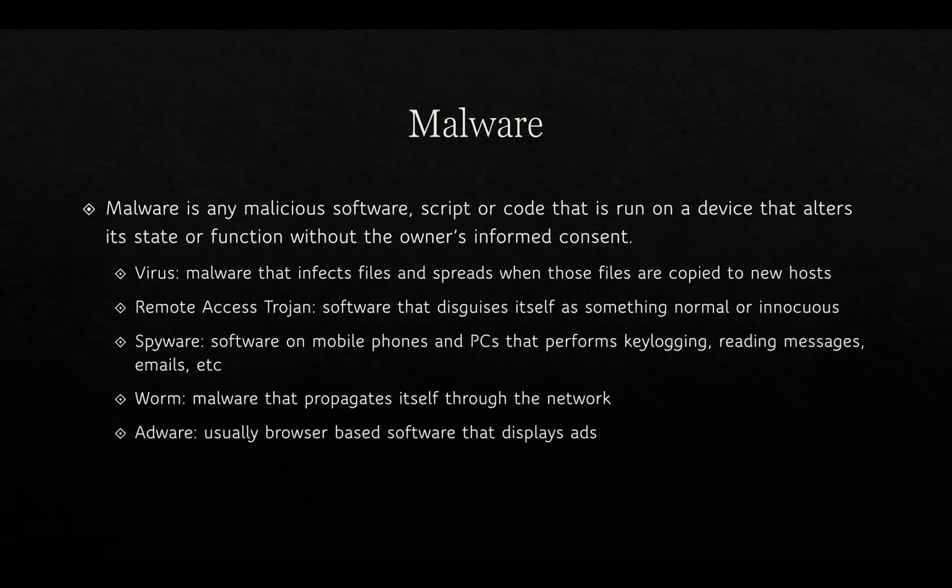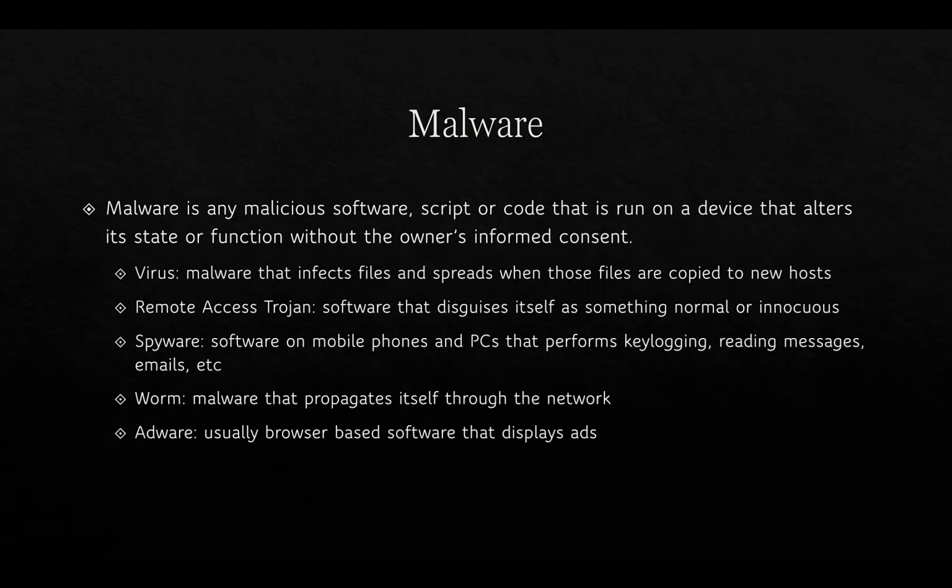Spyware is software on mobile phones and PCs that performs keylogging, reading messages, emails, etc. Keylogging is where all of the times that you type into a phone or a PC will be recorded and sent to an attacker or saved by the software for later collection.